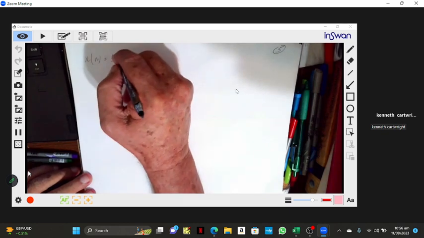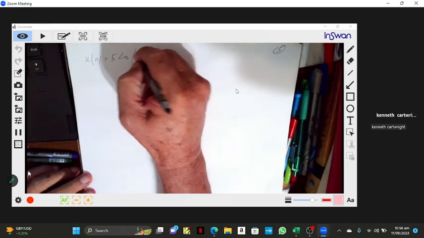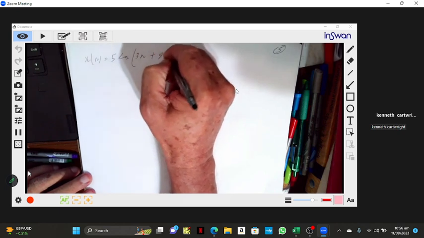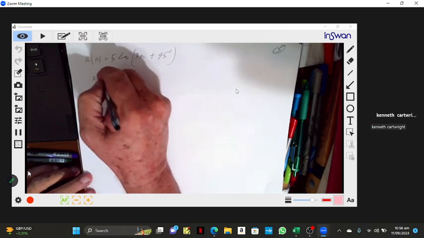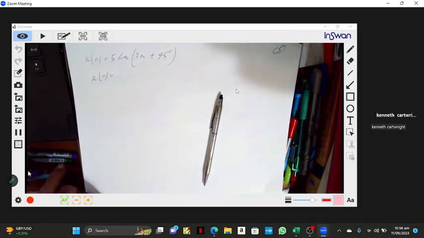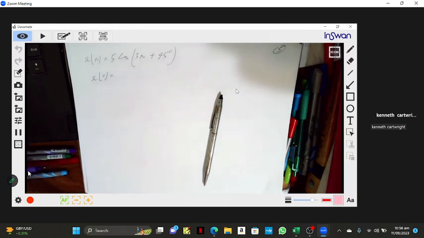Let's try this. Send me x of 0. Send me x of 0. Is that a cosine? Yes? All right.